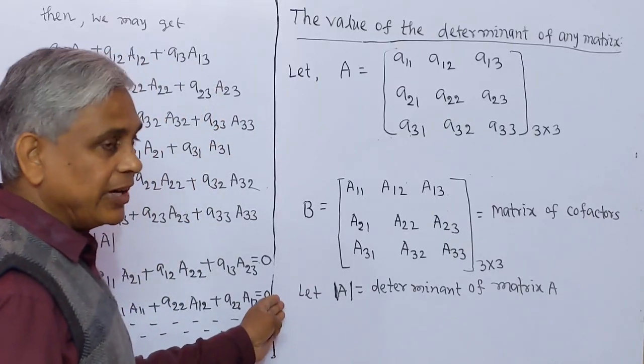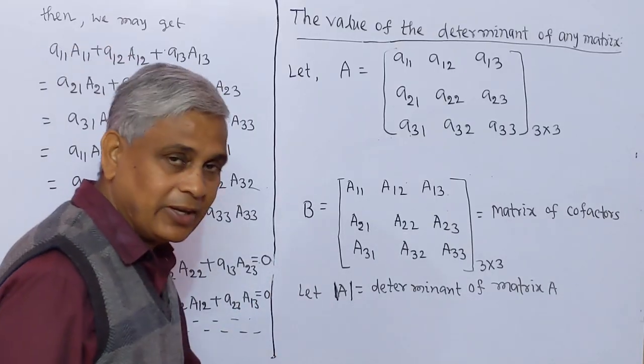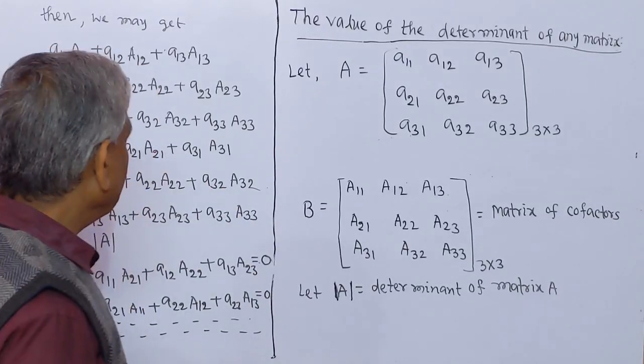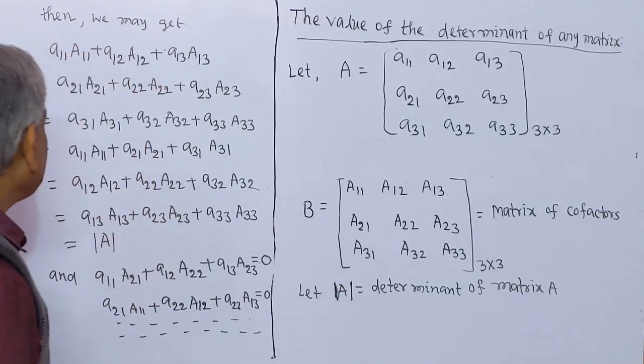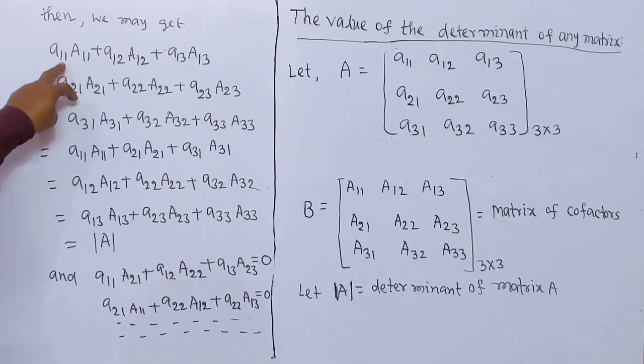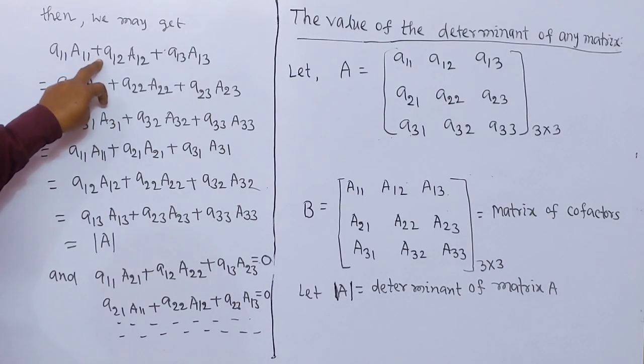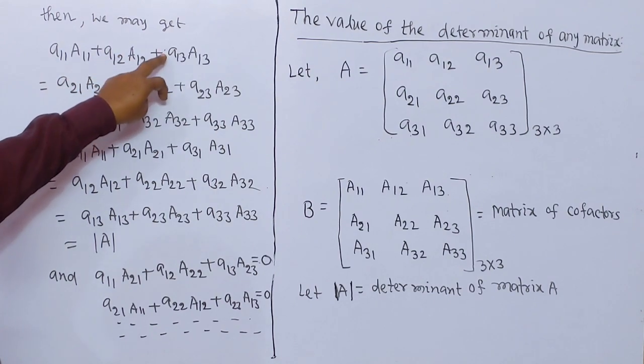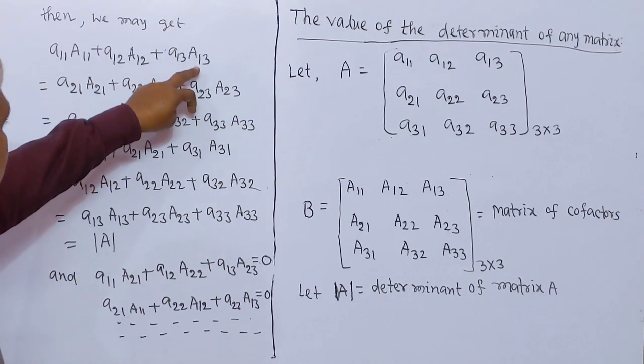one left side of A, one right side of A. This denote the determinant of the matrix A. Now we take these values small a11, capital A11 plus small a12, capital A12 plus small a13, capital A13.